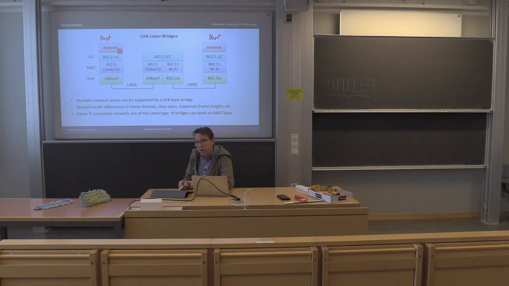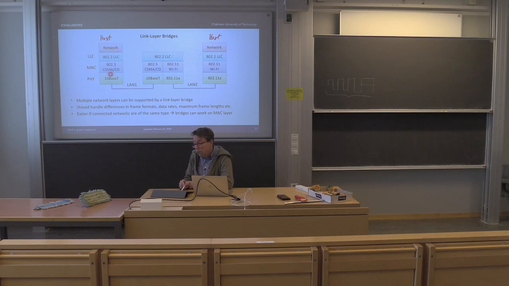But then there is a network layer for sure. And suppose it has a data link layer, which is an IEEE layer. So it has an LLC and a medium access control, and it's actually Ethernet here. And then it's a physical layer. It's a 10 megabit Ethernet. So this is a 10 megabit wired Ethernet, this local area network.